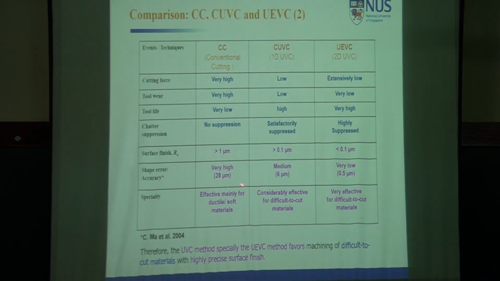Speciality: conventional is effective mainly for ductile soft material, and for steel you cannot use it. Ultrasonic is considerably effective for difficult to machine materials, and elliptical is very effective for difficult to cut materials. Therefore, ultrasonic vibration cutting, especially the ultrasonic elliptical vibration method, is very much favored to machine difficult to machine materials.